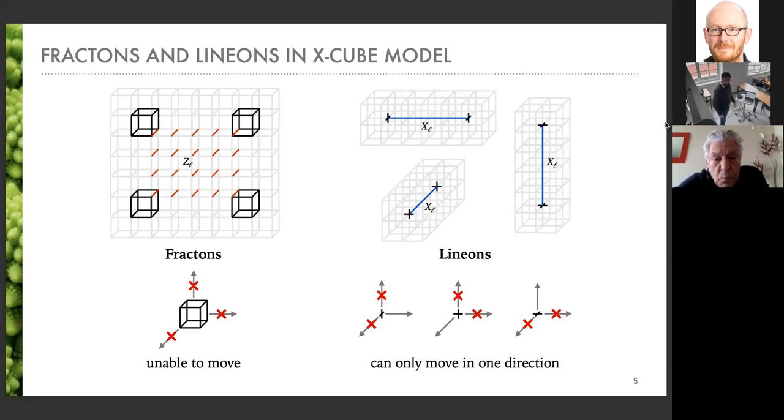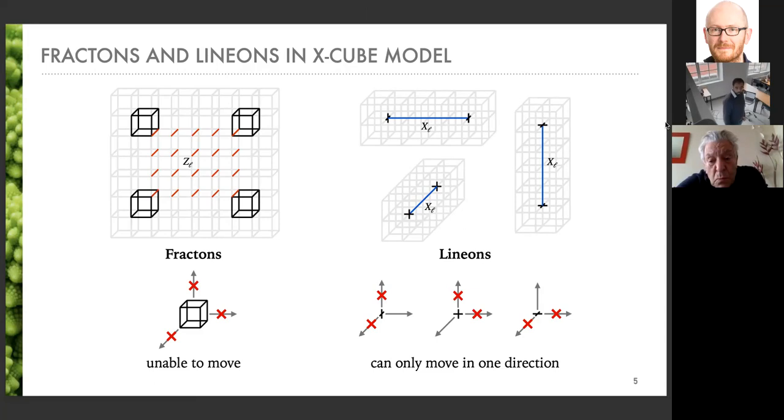There's another type of excitation in these systems, where you apply a bunch of X operators. Just like in the previous case, if you apply a bunch of X operators, they will not excite the cube excitation, because it is itself made out of X operators. It will excite the other 3 interactions.